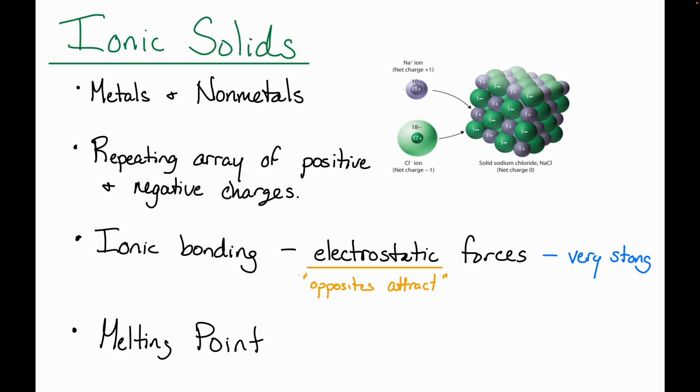And importantly, if I'm going to melt this solid, that means that all of a sudden everybody that used to be neighbor to one another and fixed in place, now they're tumbling around in space here. So you've got to break some of those strong electrostatic forces, and that's why our melting points are quite high compared to most solids. Again, a consequence of those very strong electrostatic forces.